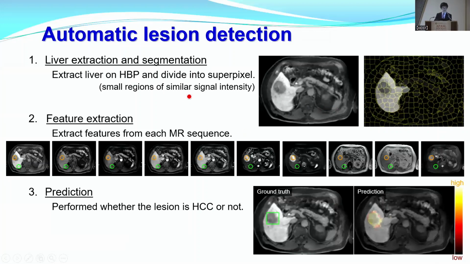So after the liver extraction and the segmentation, feature extraction is obtained from each MR sequence in each superpixel. So to evaluate this is a cancerous lesion or non-cancerous lesion. And finally, prediction is performed whether the lesion is HCC or not.